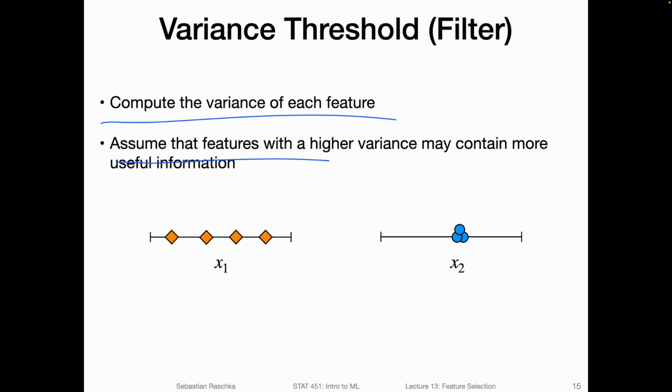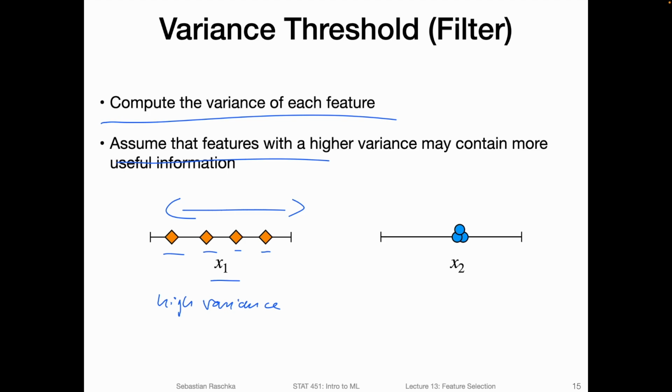So I tried to sketch it here at the bottom, where let's assume we have a feature called x1. And here on the left-hand side, these little diamonds shall represent different training examples. We can see that on the left-hand side, this would be a feature with a high variance, and across the feature axis, the examples are pretty much well spread out.